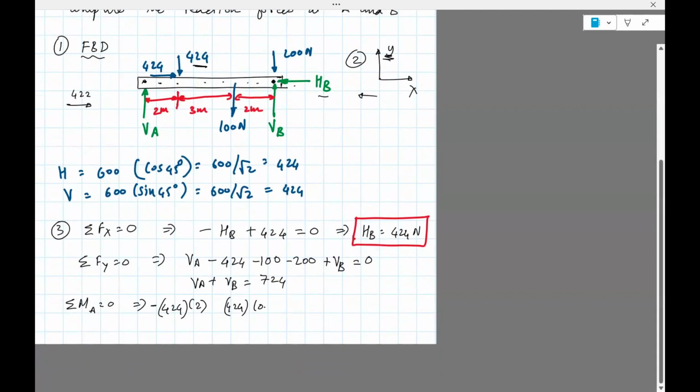So the magnitude is 424 times 0.2. So this is A, this is 0.2. So you can see that 424 also leads to a clockwise movement, so it'll have a negative sign.